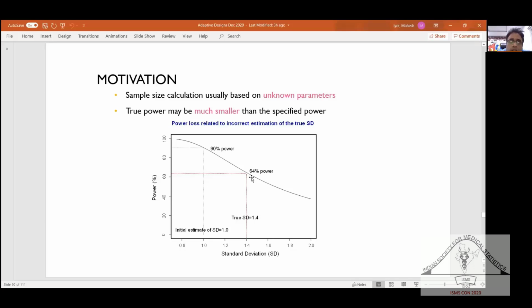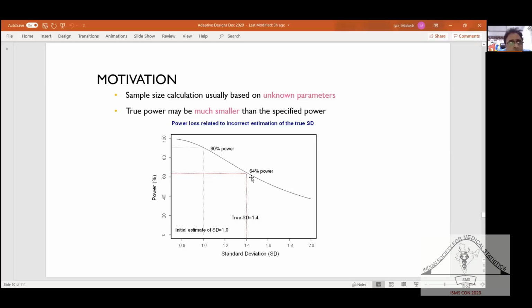So, not unblinding the treatment arms, but in a blinded manner, I want to find out the correct standard deviation. So let us say you do this at the interim analysis in a blinded manner, and you figure out the true standard deviation is 1.4 and not 1. So what should you be able to do? You should now be able to increase the sample size to get the same 90% power.